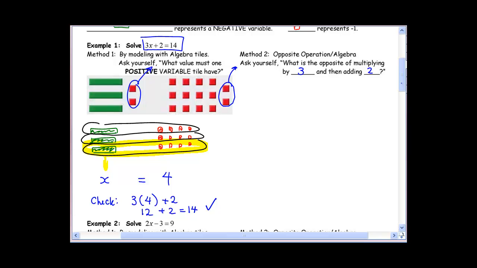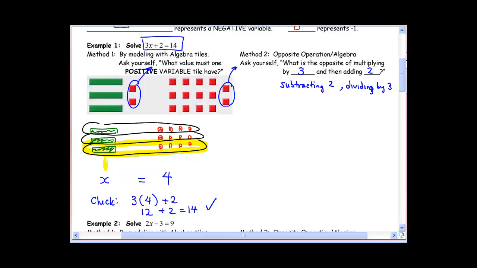So what's the opposite of multiplying by 3 and adding 2? Well, we have to go backwards, so we'll have to reverse the adding 2. Probably then we're going to be subtracting 2. And then the opposite of multiplying by 3, I gave you the answer, is dividing by 3. Okay? Now let's see how this works.